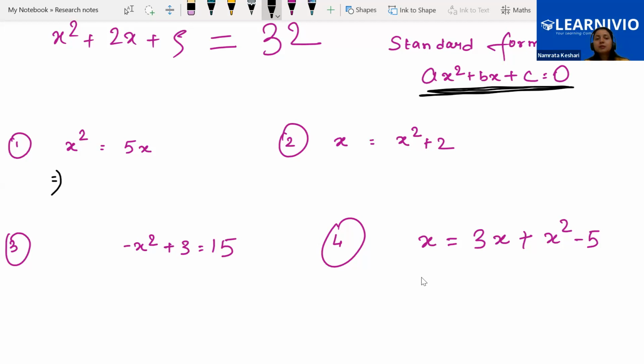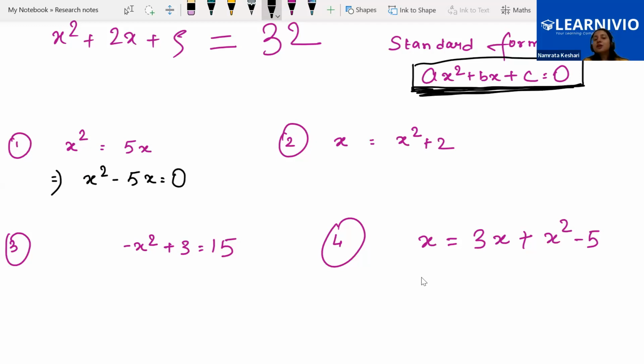Yes, Abdul, what will be there? Equation 1 can be written as, can you see in our standard form there is a 0 on one side, on the right hand side. We will try maintaining that 0. Now can you tell me what our equation will be, Abdul? x square minus 5x is equals to 0.